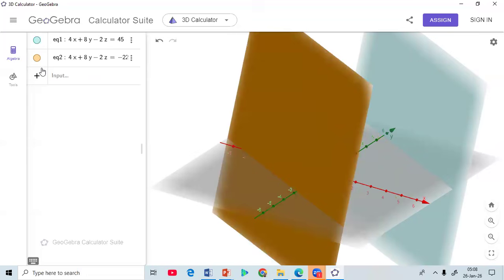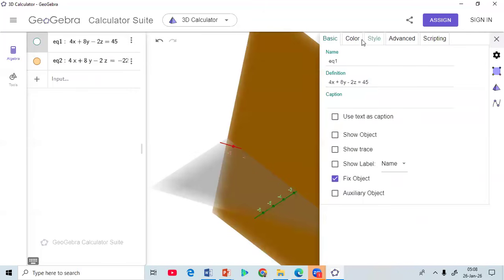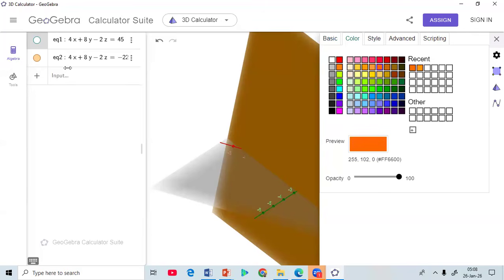So that's what we have got. So allow me to change the color of this such that people can be able to see it well. I think I can use this color.